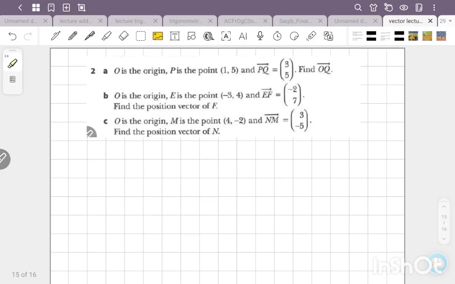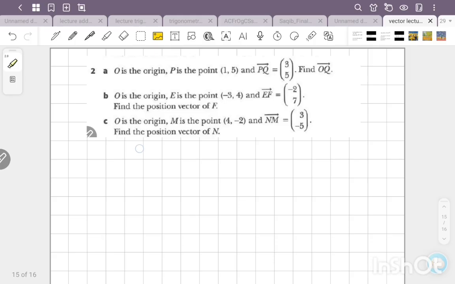Okay student, we have a second question, exercise 13.2. The question is: O is the origin, P is the point (1, 5), and PQ equals (3, 5). Find OQ. This is the B part. First of all, we have to find how we get OQ.